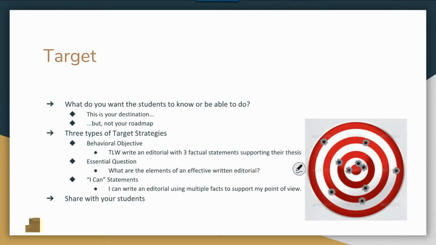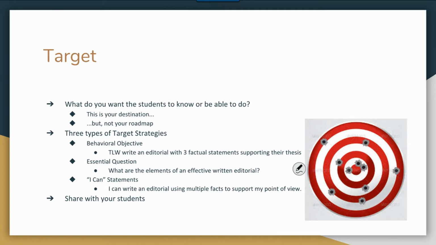The next way to do it is to actually pose an essential question. Think in terms of that smaller circle. Essentially, what must a student know for today's lesson? What are the elements of an effective written editorial? So there's a question mark at the end.